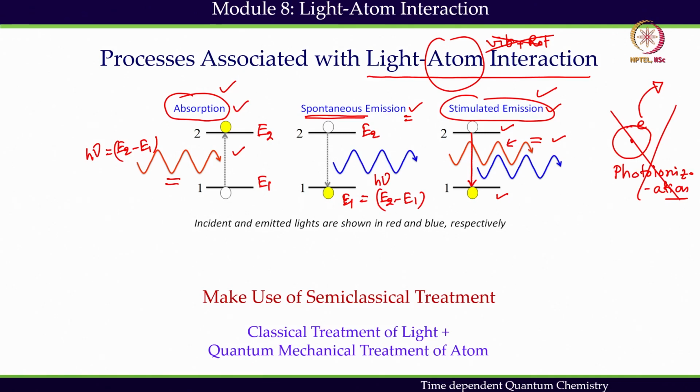Here we will discuss the interaction of light with an atom using semi-classical treatment. This is a semi-classical treatment we will be using, in which the incoming radiation field will be treated classically. So, classical treatment of light means that it is represented by electromagnetic wave.